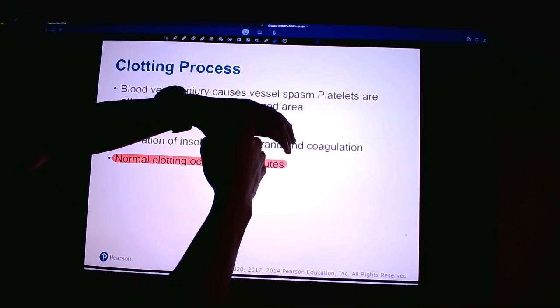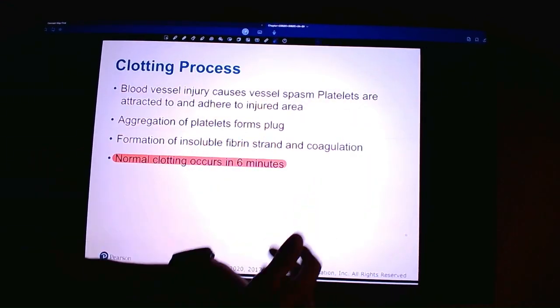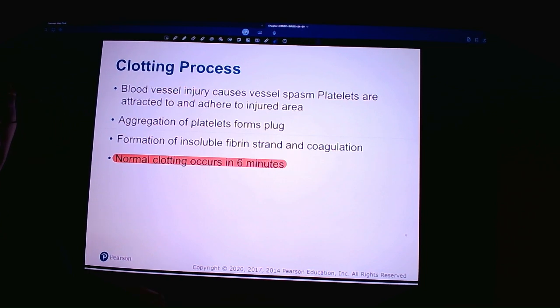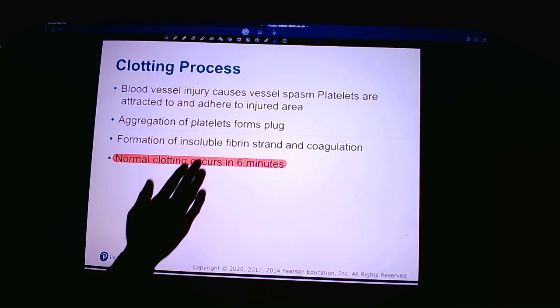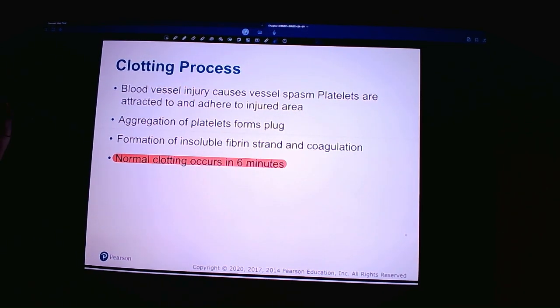Then it can block it and cause ischemia, and that's where you would have a heart attack like an MI, you could have a stroke, you can have so many different things happen. So the fibrin strand helps reduce the likelihood of the clot breaking off and causing ischemia somewhere else. At that point it's an embolism, instead of a thrombus. But we'll touch on that in a little bit.